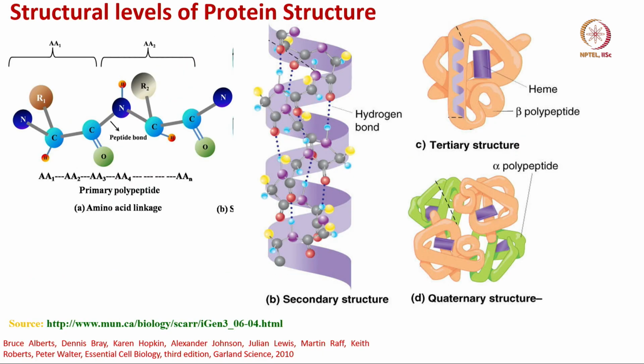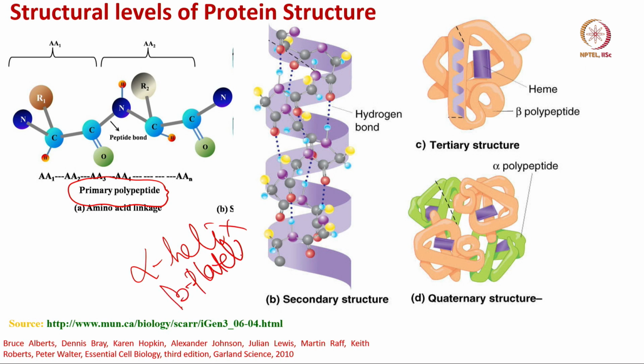Without going into too much detail, what I have described in the last slide is the primary structure of the protein, the primary polypeptide. Then in the secondary structure, you have an alpha helix kind of structure or a beta pleated sheet structure of protein.